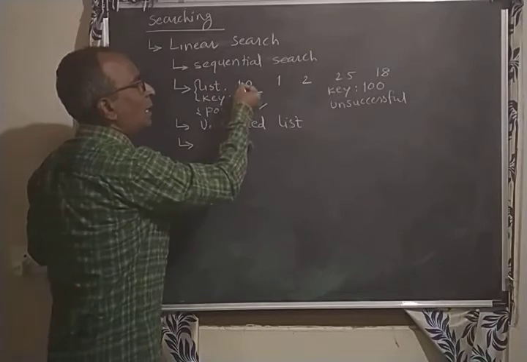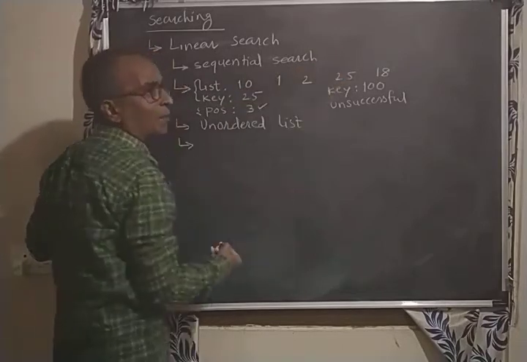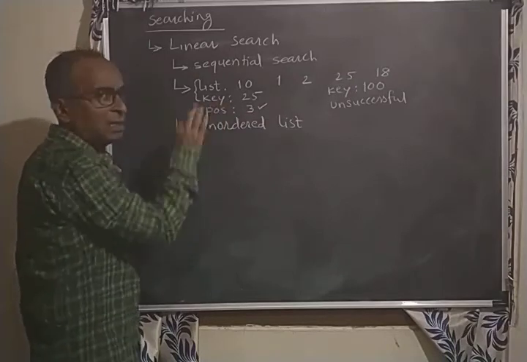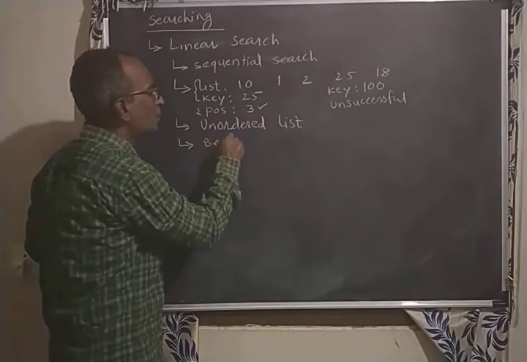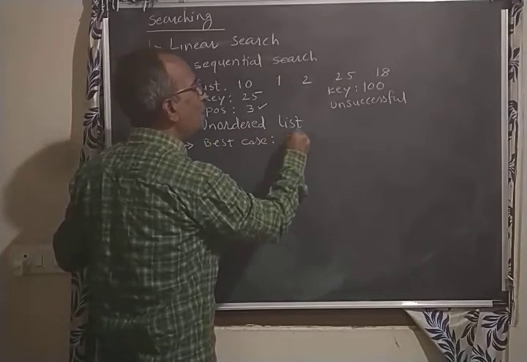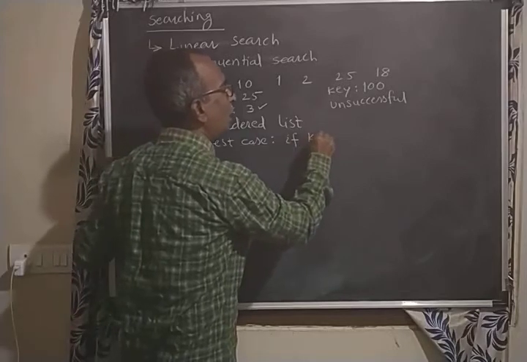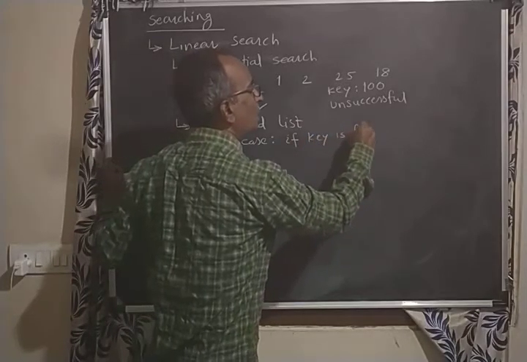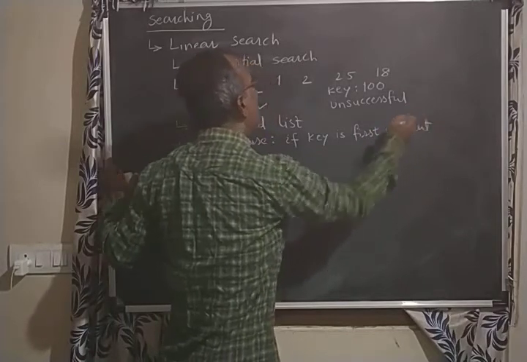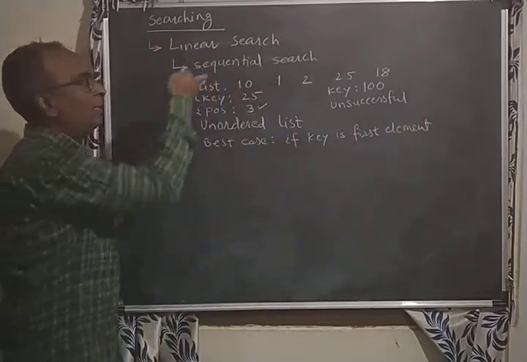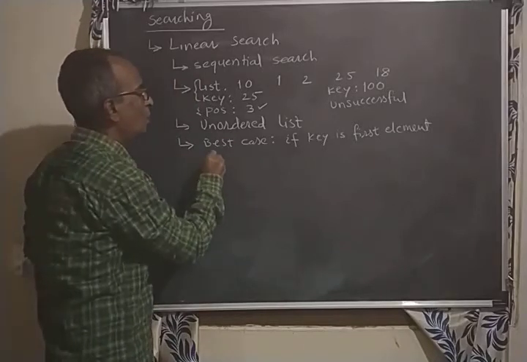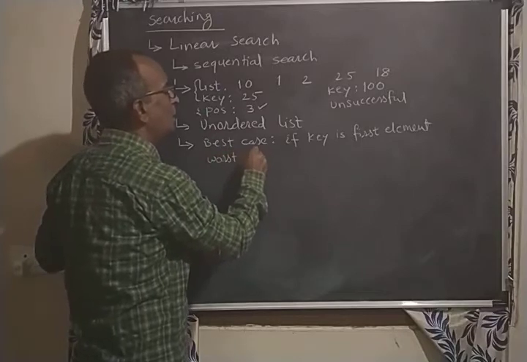So if every element you have to compare, what will be the worst case? What will be the best case of this? If the key is the first element in the list, that will be the best case. Suppose you are searching for 10 and it is the first element, that is the best case. What will be the worst case for this?